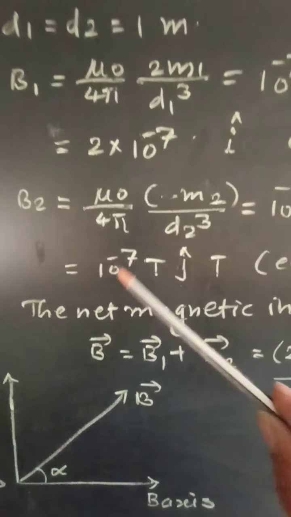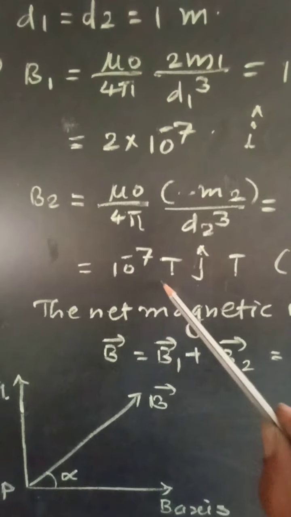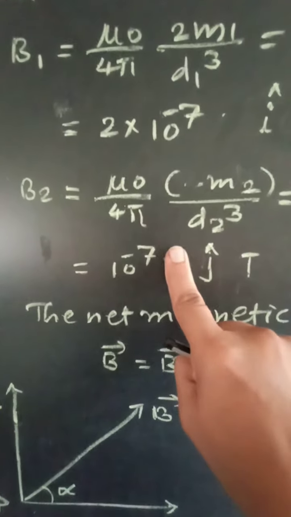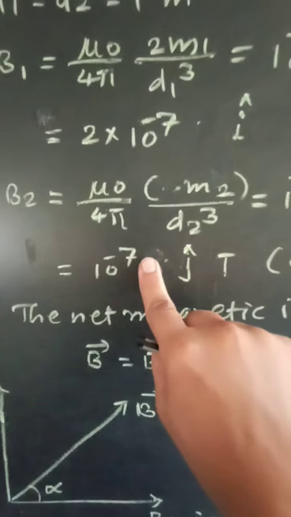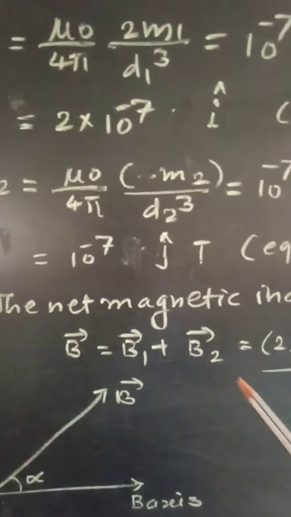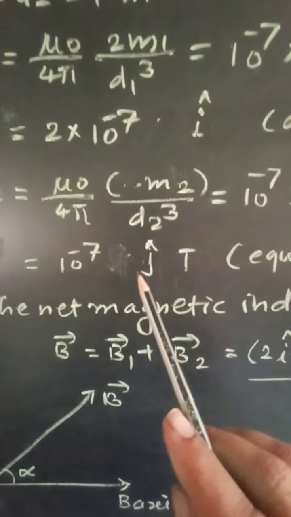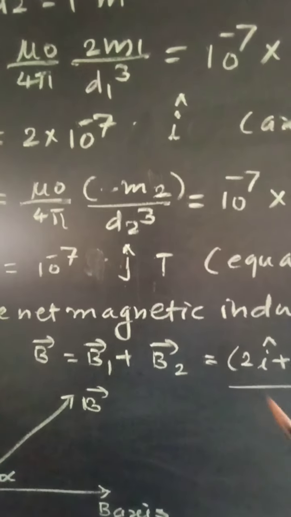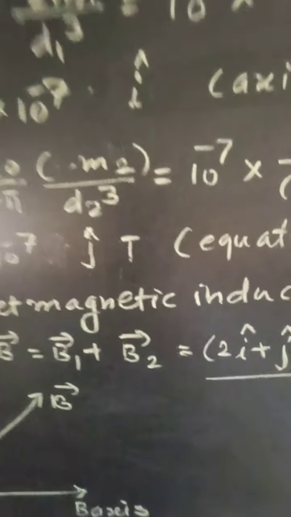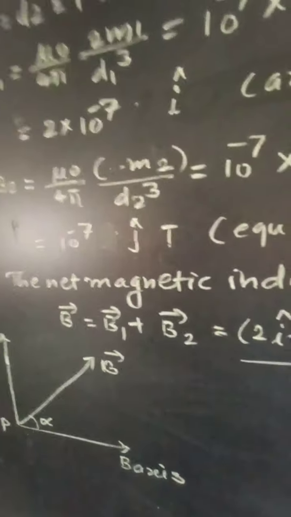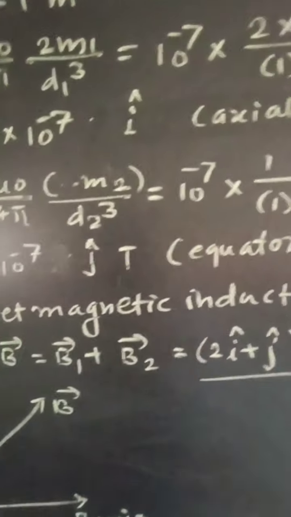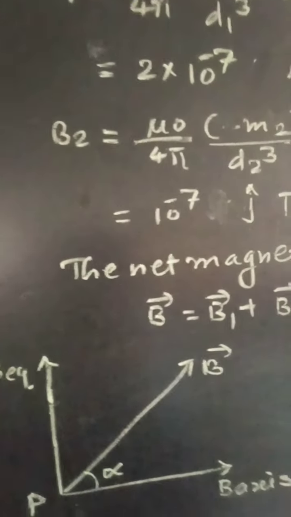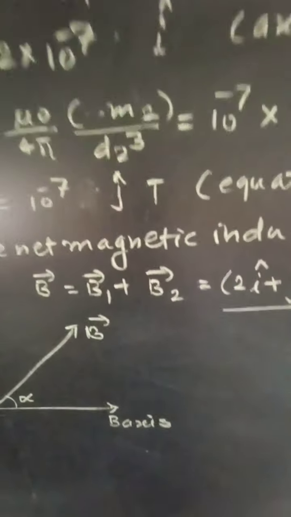It will be written as 10 raised to minus 7 j cap Tesla, which is the equatorial magnetic field.